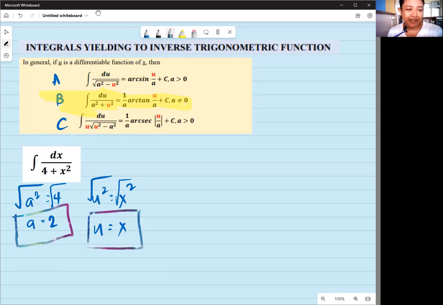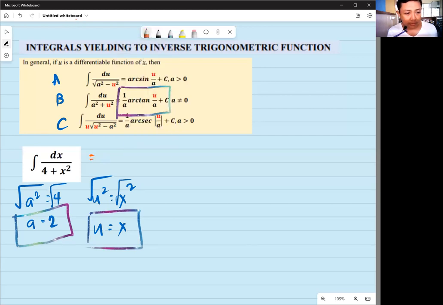Now, you are about to finish this process. After getting your A and U, you are almost done, because we just have to move on to this formula. Take note of this, A should not be equal to 0, or else that's not the right process. So after that, all we have to do is to substitute.